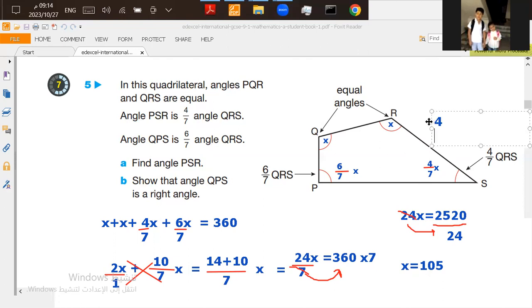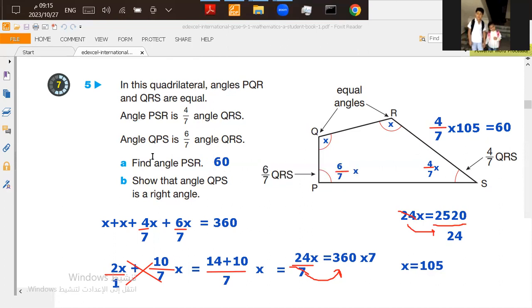So it's going to be 4 over 7 multiplied by 105, and the answer will be, as we said, this one is PSR. 4 over 7 times 105, and the answer is 60. So the first angle here, PSR, equals 60, okay?